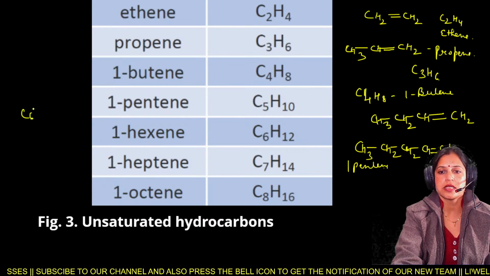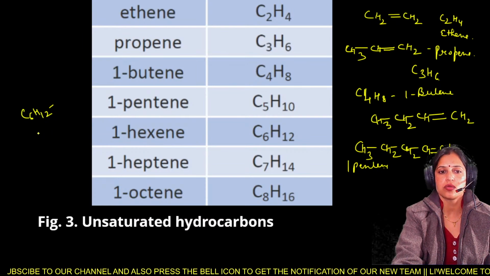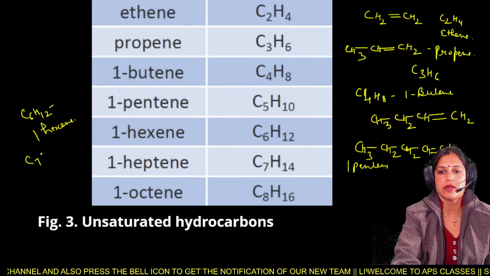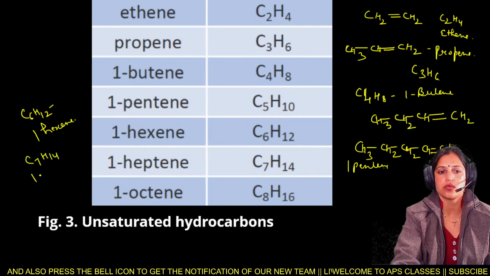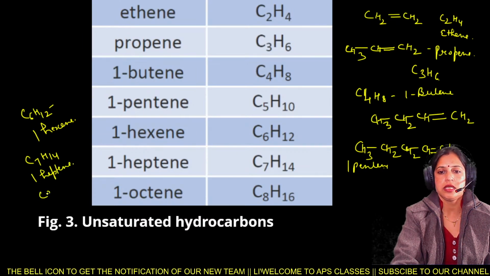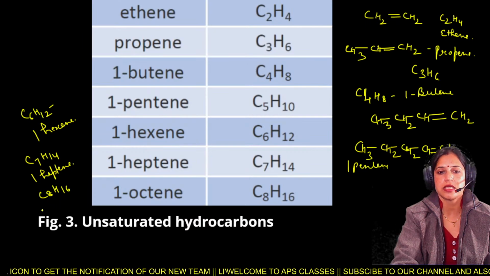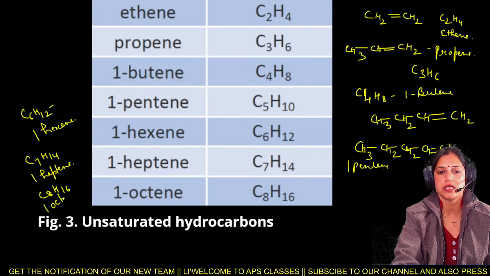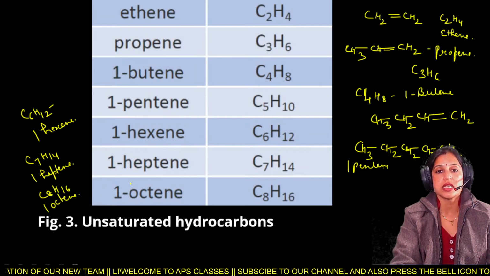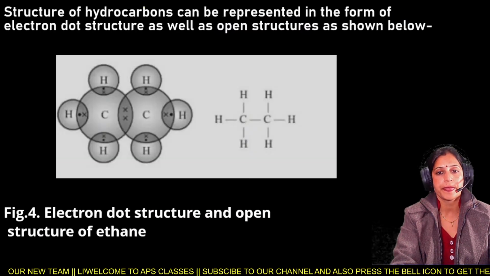Next is C6H12, that is 1-hexene. C7H14, that is 1-heptene. C8H16, that is 1-octene. So these are some unsaturated hydrocarbons.